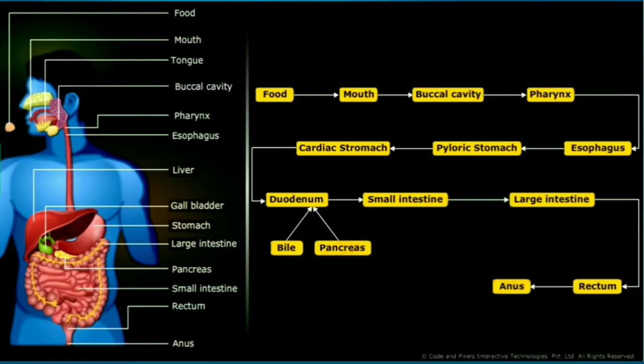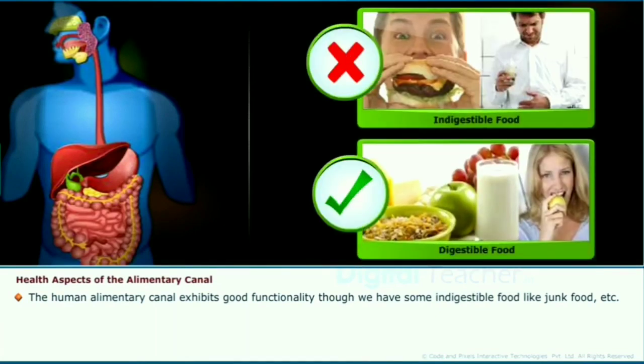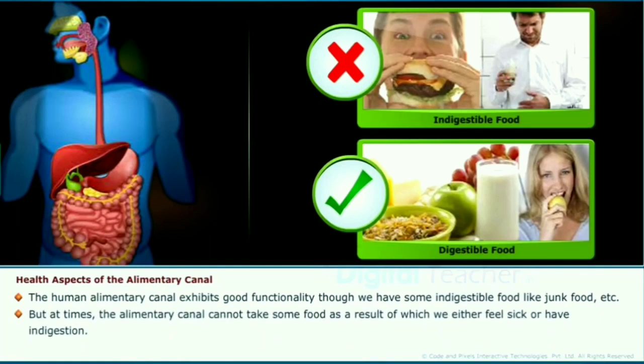Excess or improper intake of food cause health issues with the alimentary canal. Let us learn about all such aspects associated with the alimentary canal. The human alimentary canal exhibits good functionality, though we have some indigestible food like junk food, etc. But at times, the alimentary canal cannot take some food, as a result of which we either feel sick or have indigestion.